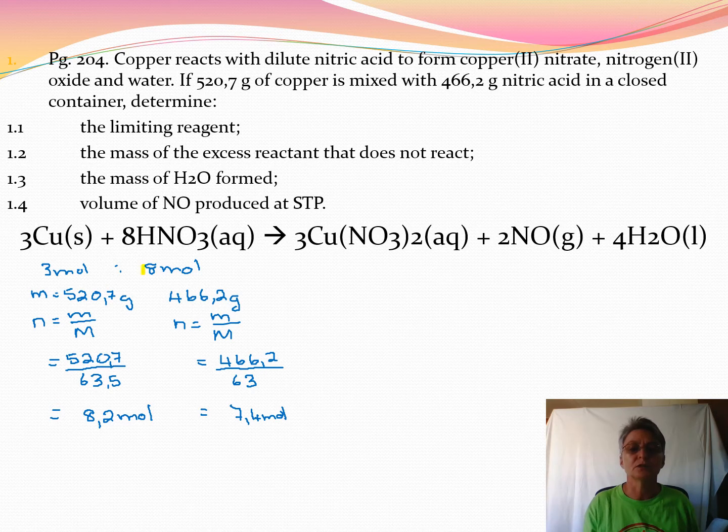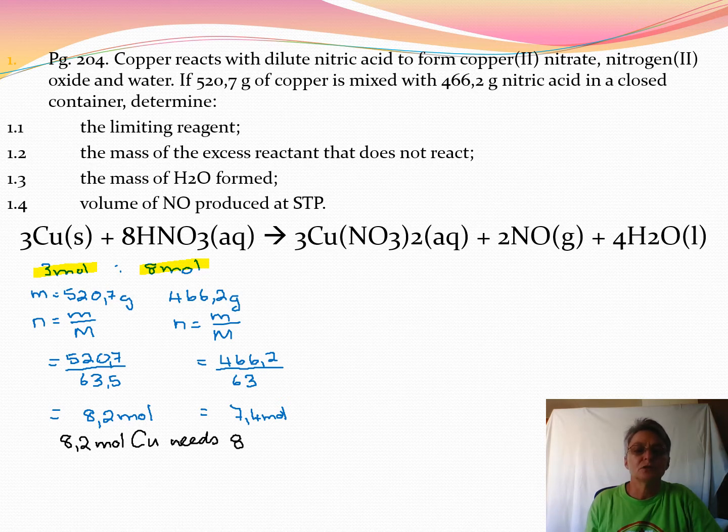Now we need to go to the mole ratio. The mole ratio is 8 moles nitric acid to 3 moles of copper. Now what I would do is say 8.2 moles of copper needs 8.2 divided by 3 times 8 moles of nitric acid.